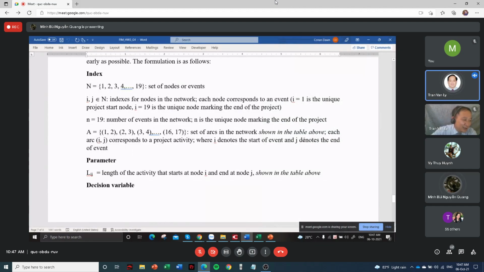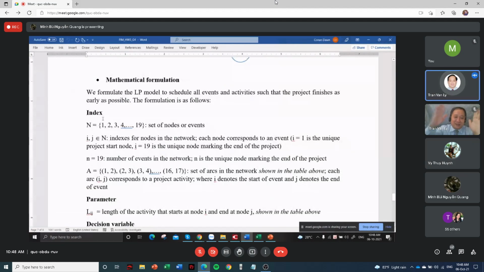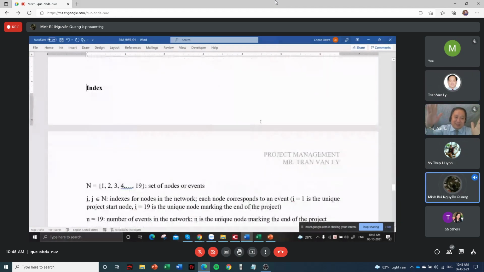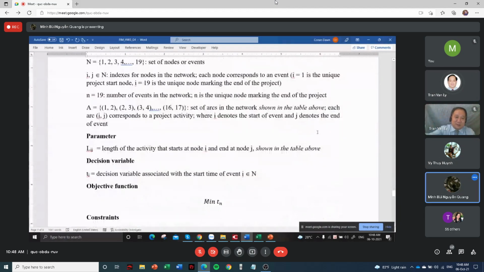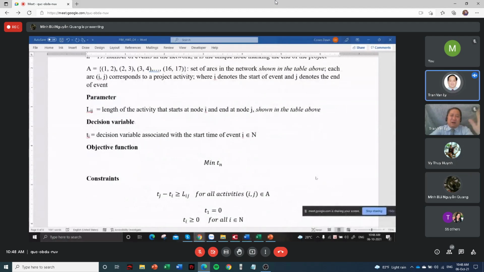Especially here is the decision variable. It could tell us when to start and when to finish. That's why they call it the decision variable. There are many kinds of variables, but in this case, it is the decision variable.